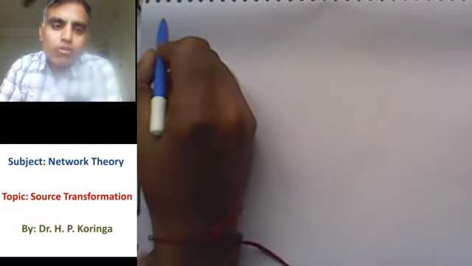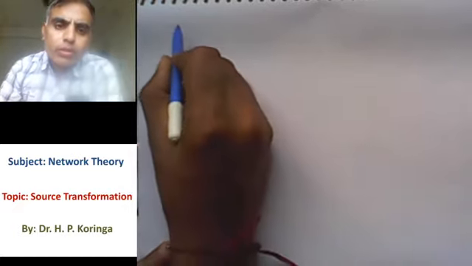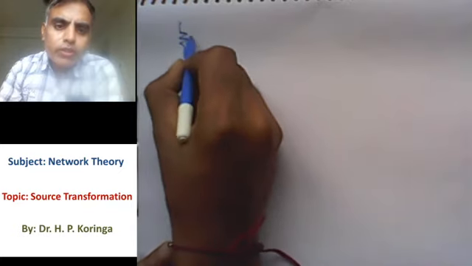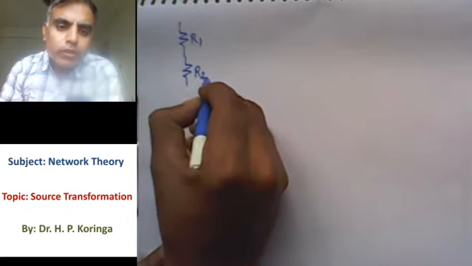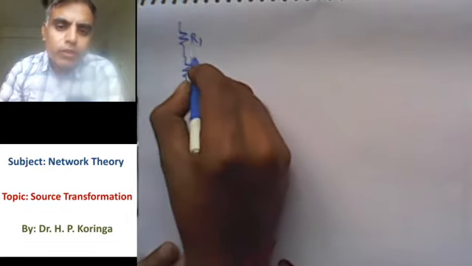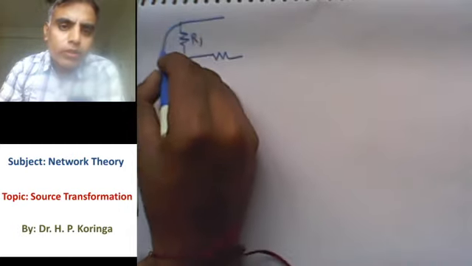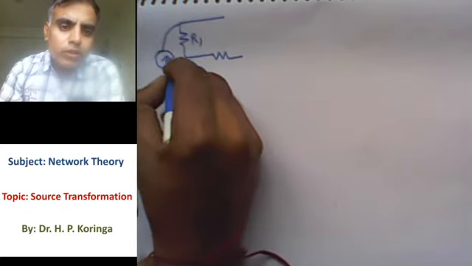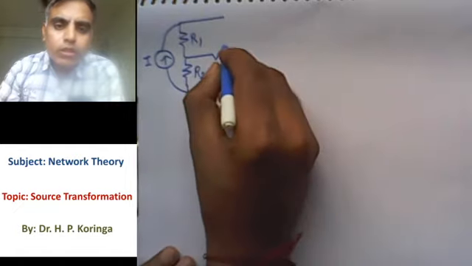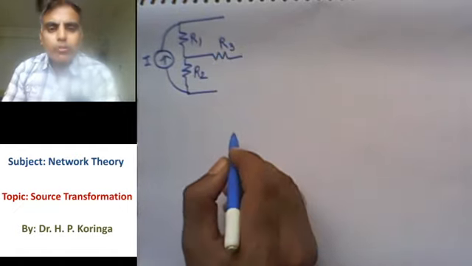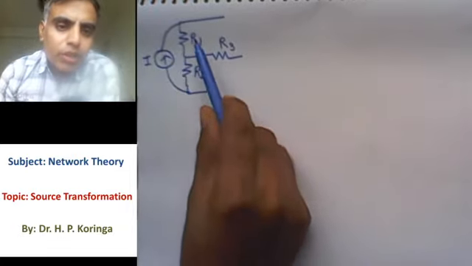So for the current source, rule number 4 is, suppose any network, suppose this one network in which this current source is parallel to R1 and R2.